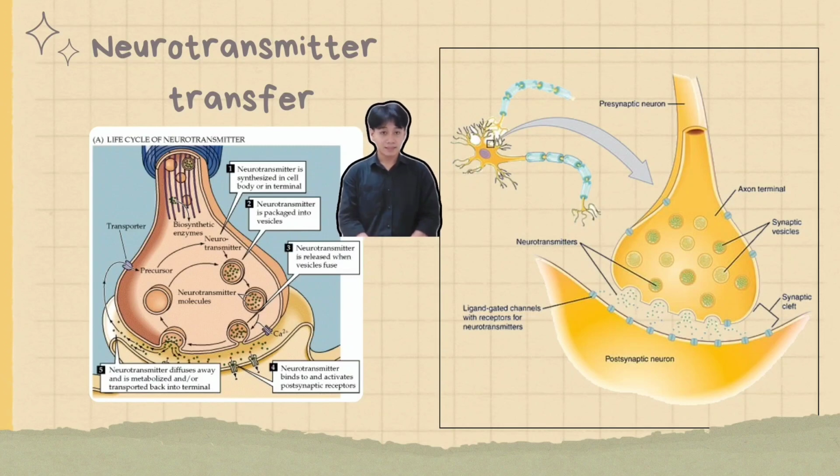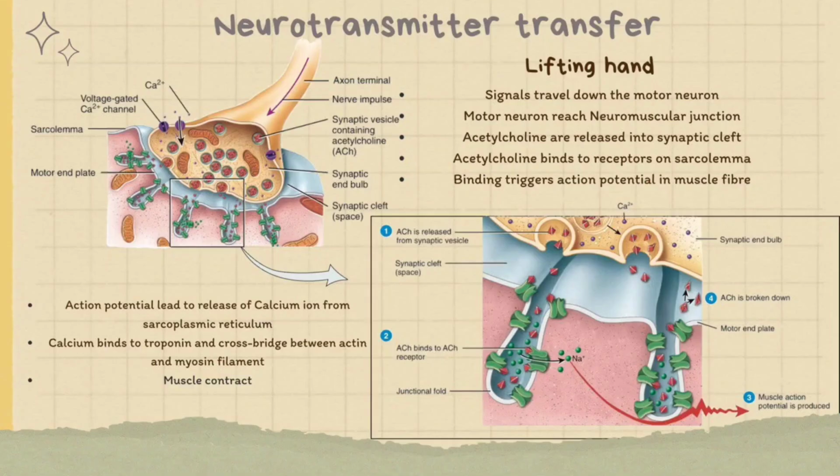These changes will ultimately lead to the transmission of signals and also the generation of a response in the postsynaptic neuron. An example of neurotransmitter transfer can be seen in the generation of a hand-lifting movement.